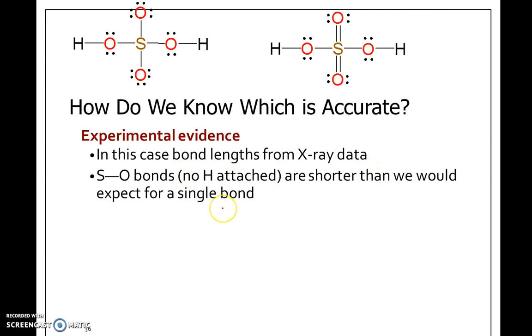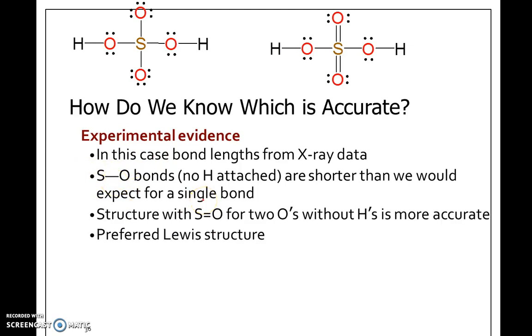We'll see this nice table, but the length of the bonds is going to decrease as you have more and more bonding. So experimental evidence and even theory supports that sulfur with these two oxygens will be double bonded.